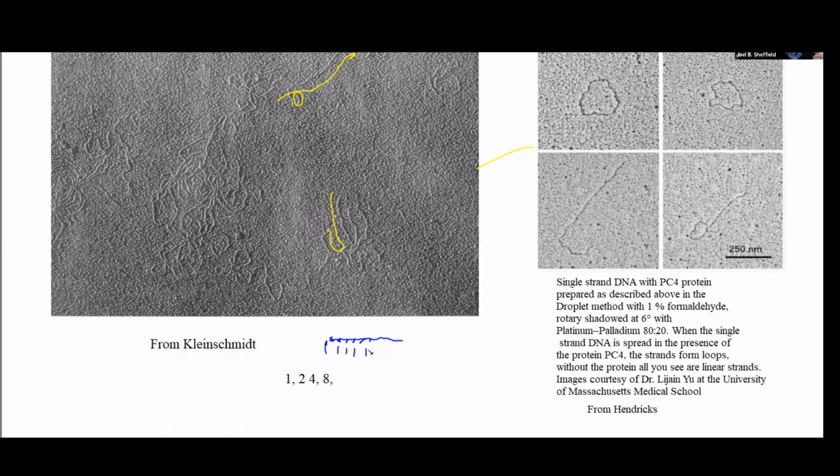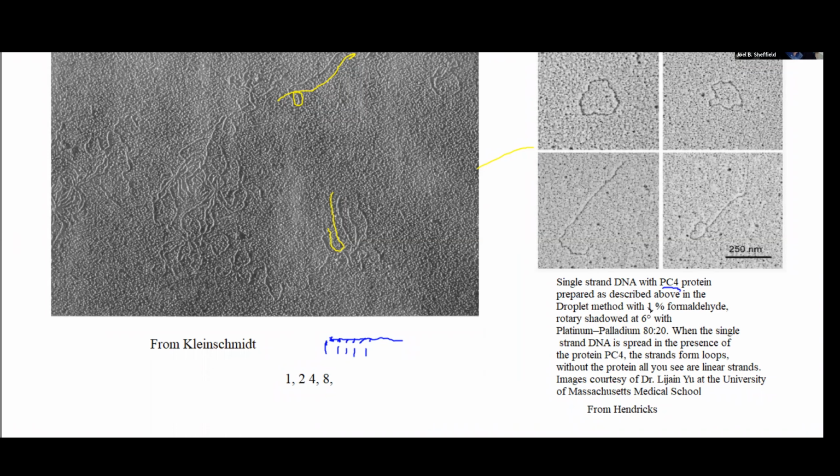Well, that kind of thing has been expressed even more interestingly in a case like this image I have on the right, where again, single-stranded DNA is incubated with a specific protein called PC4 protein. Okay? And the PC4 protein has a very interesting effect on the DNA structure.